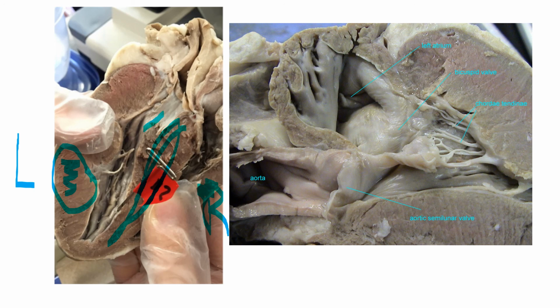Way up here, coming up here, we can see two of the cusps for the aortic semilunar valve. Over here, we're seeing the left atrium, thick lateral ventricular wall. Here is the IV septum. Here is the mitral valve, also called bicuspid, also left atrioventricular valve.